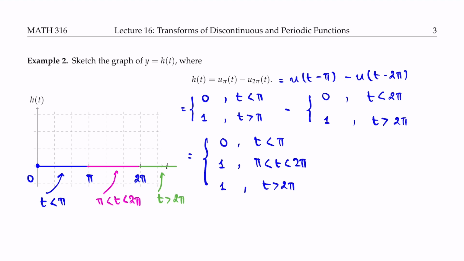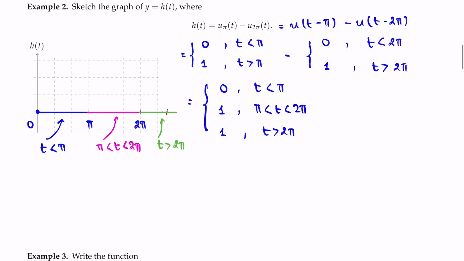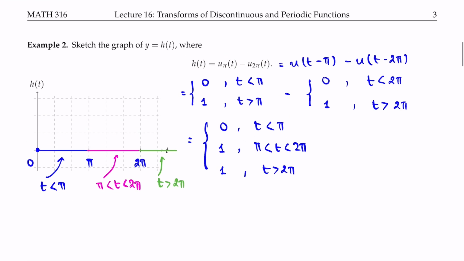I don't think so. Okay, so for this function, the function is equal to 0 when t is less than pi. You're okay with that so far? Yep. Now the function is equal to 1 when t is greater than pi.